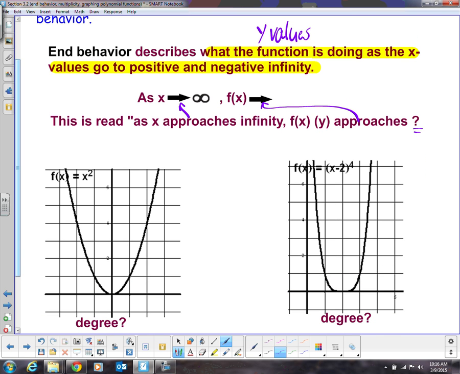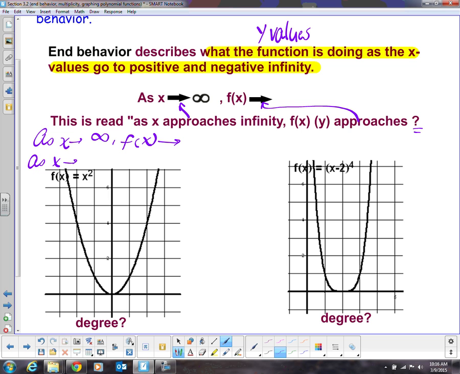How many people have done end behavior? Pre-calc, maybe? Calculus? It used to be in pre-calc. It's been a while since I taught it. So if I want to do end behavior, I would say as x approaches positive infinity, f of x approaches.